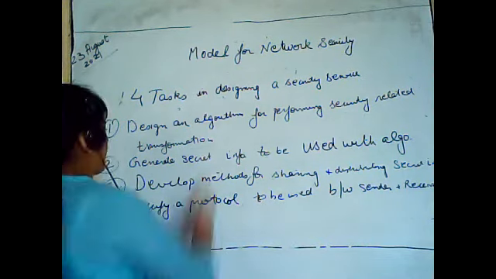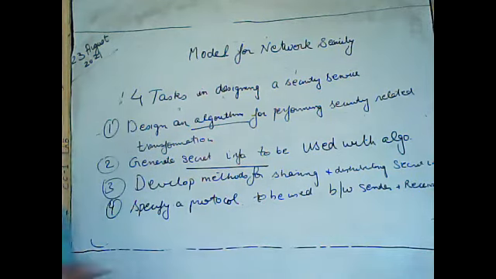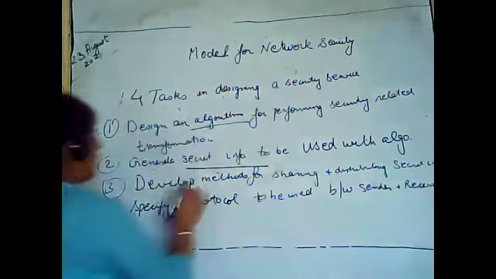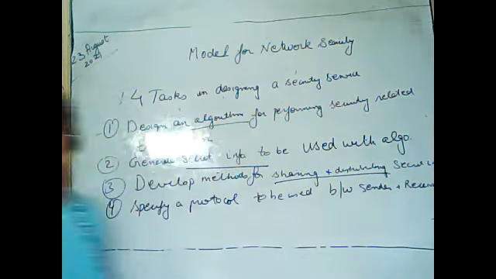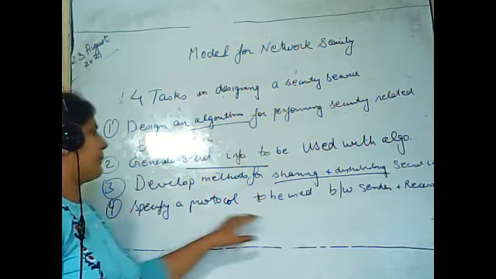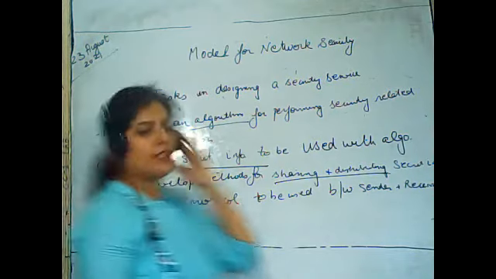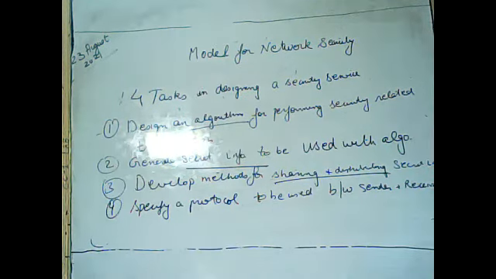Then we require the secret information to be used with this algorithm. Next we develop methods for sharing and distributing that secret information. And last, we specify a protocol to be used between the sender and the receiver. So these are the basic four major tasks that we require.